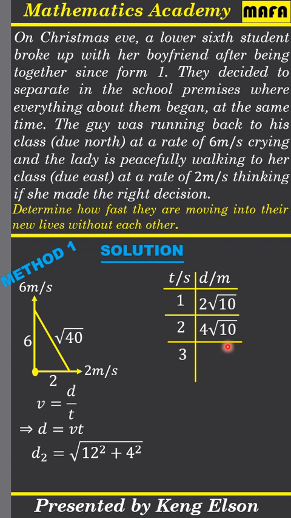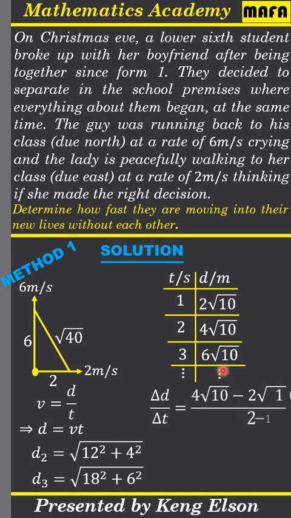Now let's just end with when t is equal to 3. When t is 3, the distance covered by the lady is 6 meters, and the distance covered by the guy is 18 meters. So the distance separating them is the square root of 18 squared plus 6 squared, which will give us the square root of 360, which is 6 root 10, and so on and so forth.